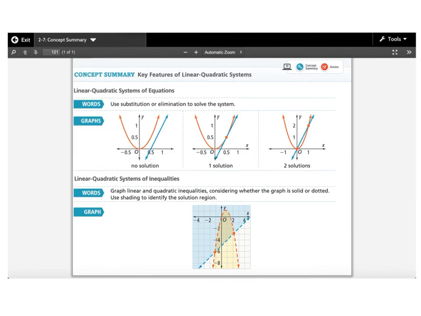So this unit is not hard. It's just a combination of what you've learned previously, putting it together. One is linear, one is quadratic. Ultimately, you have either no solution or one solution or two solutions as your final answers.